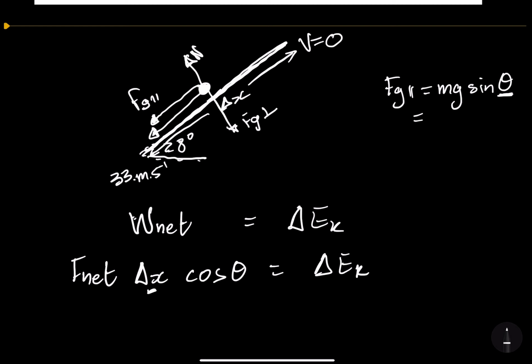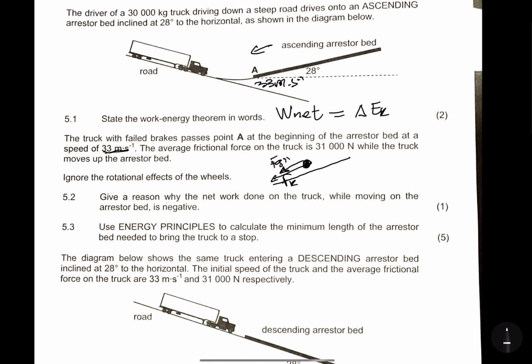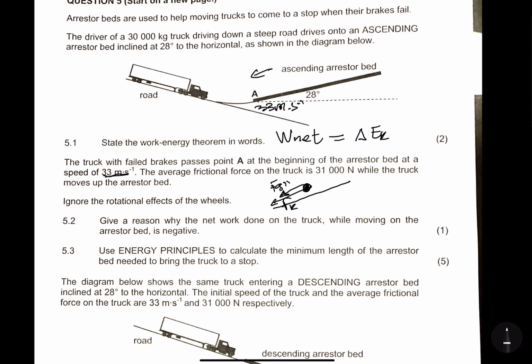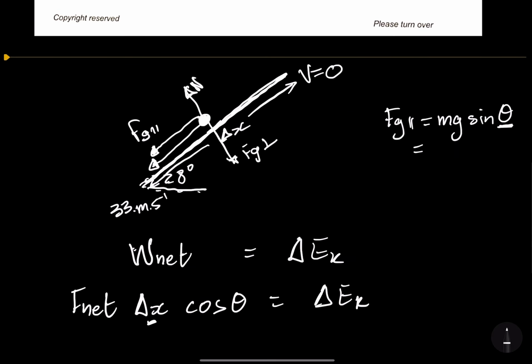So this is going to be the mass of the truck, that's 30,000, multiplied by 9.8. The sine of, remember, that's the angle of elevation, that's 28 degrees, right?